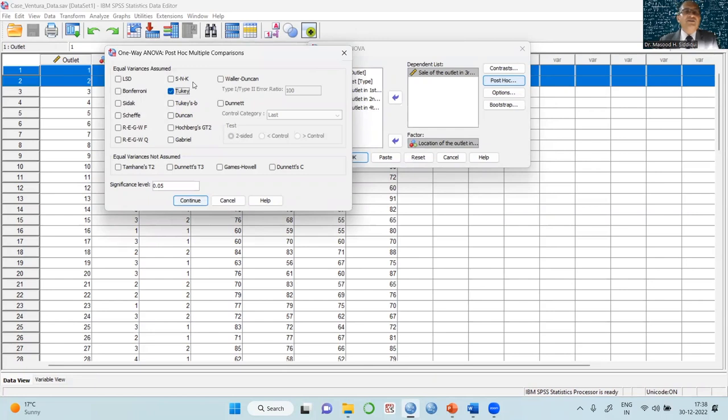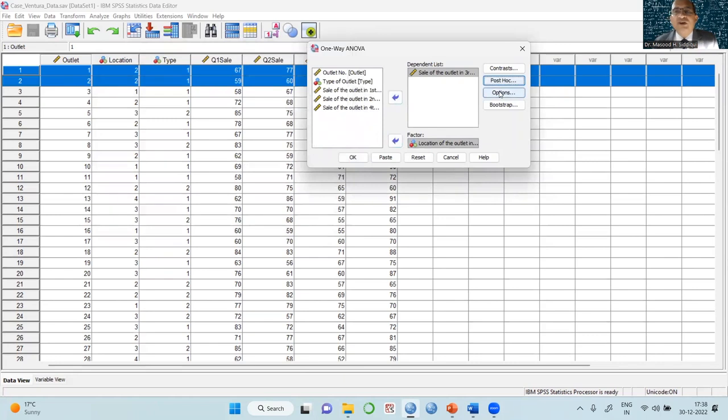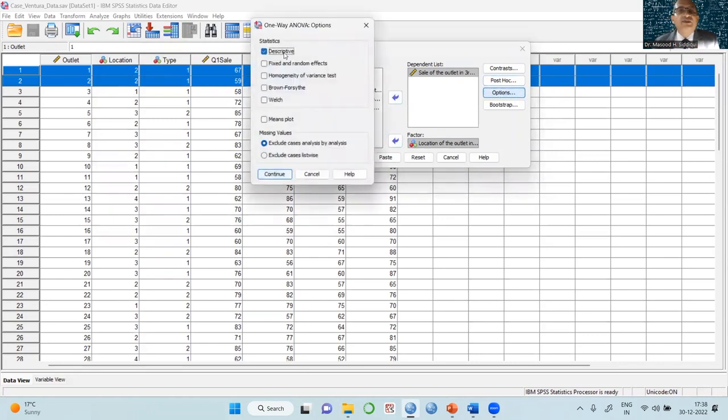Here we take Tukey's honestly significant difference test to perform multiple comparison if variances are equal. If variances are not equal, we take another appropriate statistic, let it be Tamhane. So we interpret either the Tukey results or the Tamhane results based on whether variances are equal or not. Then we go to Options, where we have descriptive statistics.